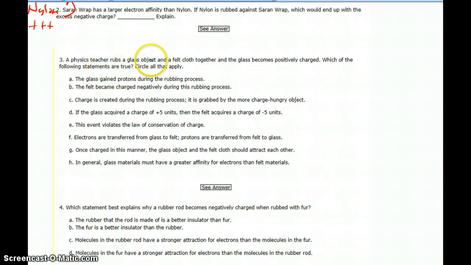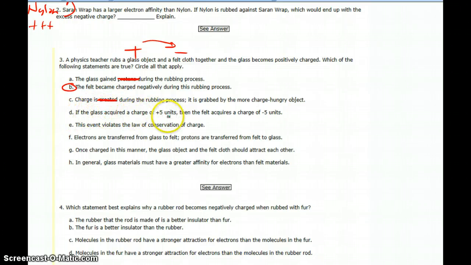So those ideas should help us to pick out the ones from here that are actually correct. Glass object and a felt cloth, the glass is going to become positive. Now that means the felt's going to become negative. That means the electrons went from the glass to the felt. Okay, so no gaining of protons. The felt did become negatively charged. That is correct. Charge is never created, so it can't be that.